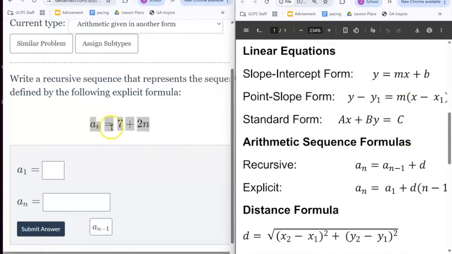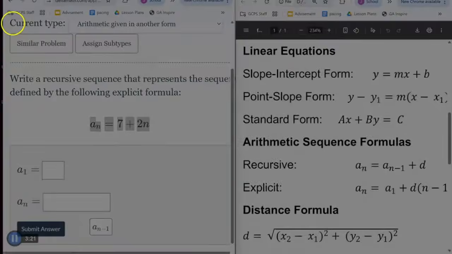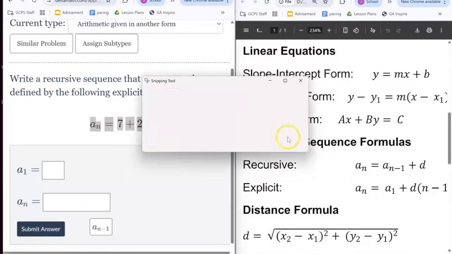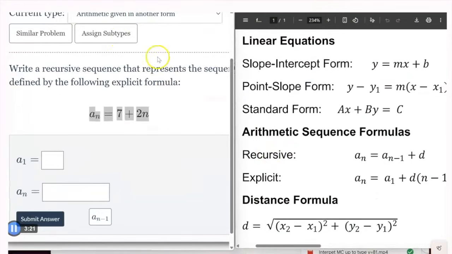All right, so if you're given a function, which means mx plus b, all you need to know is that, and I'm going to write this down, and you need to write it down, because if you don't have it at this point, you definitely need it. Common difference is the same as slope.